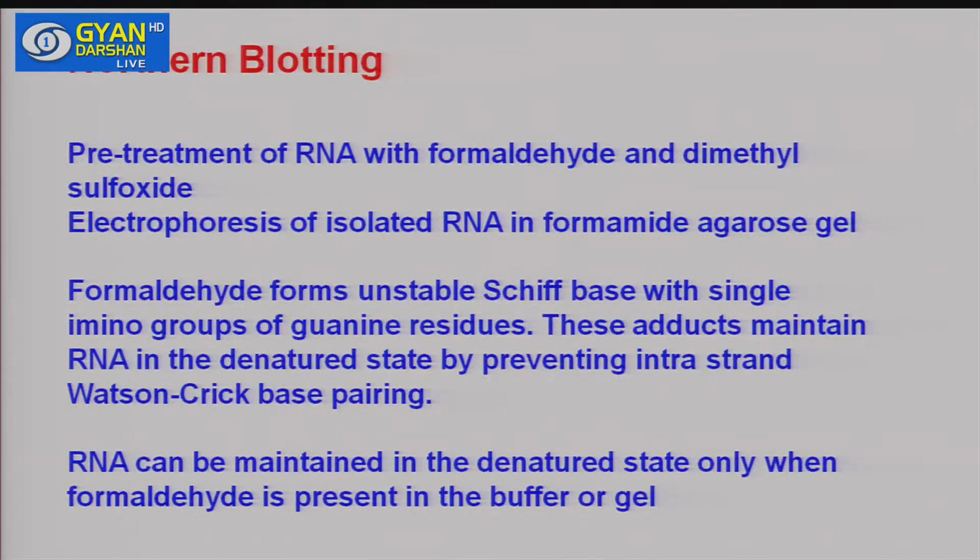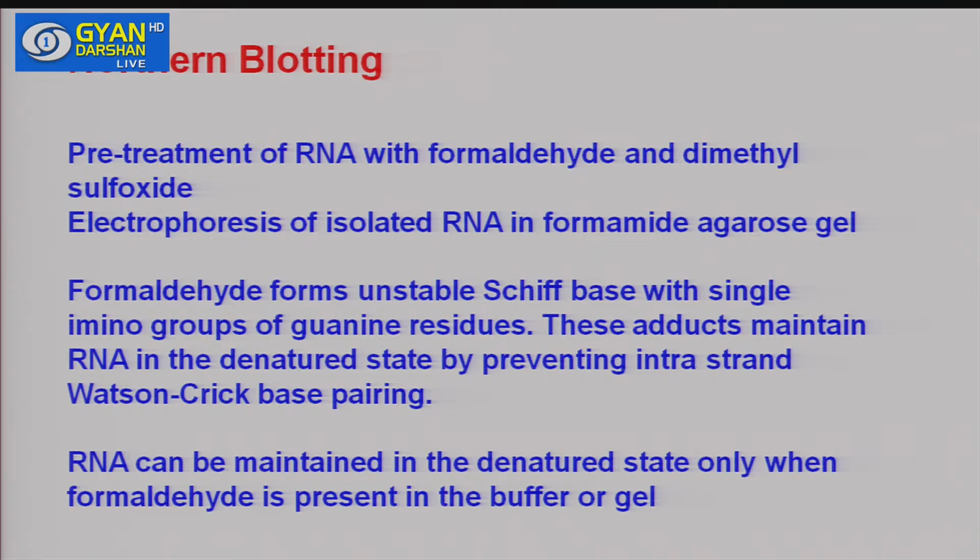Another point which you need to be careful about is that in case of RNA gel, although you are running an agarose gel, you have to pre-treat the RNA with formaldehyde and dimethyl sulfoxide, and then electrophorese the RNA in a formamide agarose gel. So it is not an ordinary agarose gel, it is a formamide agarose gel, or you have to use formaldehyde. Why? Because RNA has a lot of secondary structures. Formaldehyde forms unstable Schiff bases with the amino groups of guanine residues.